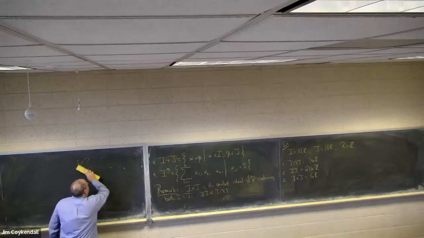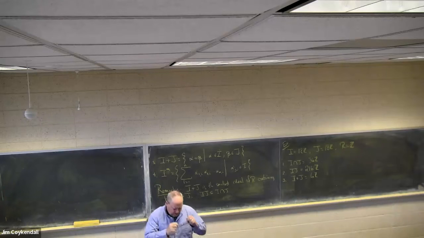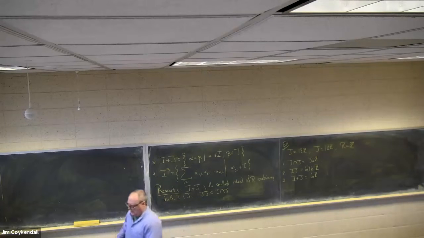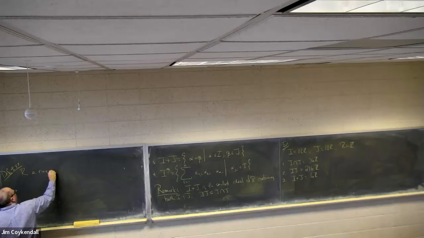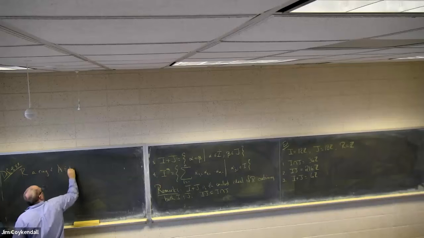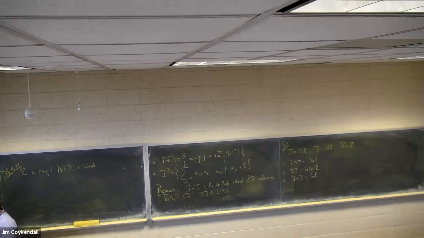Okay. Let me give you one more definition that we'll talk about next time. Let R be a ring and A a subset of R. This time the subset can even be empty if you want it to be.